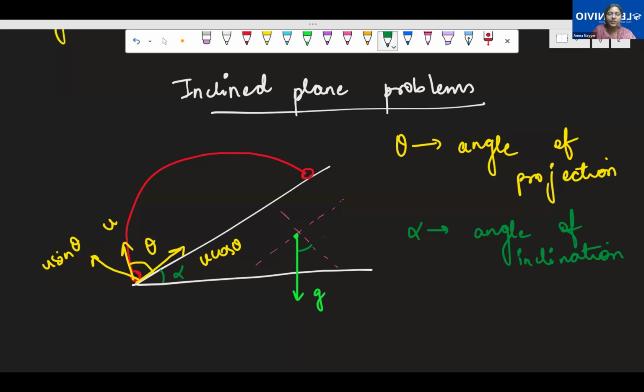Okay, so when we resolve this g, with this angle alpha, this will become g cos alpha, and the perpendicular one will become g sine alpha. Okay, g cos alpha and g sine alpha. This should be there in your mind. This is the complete figure.